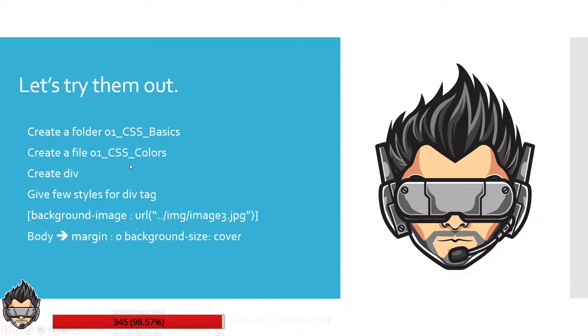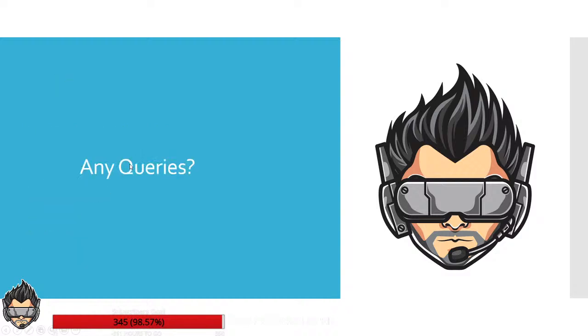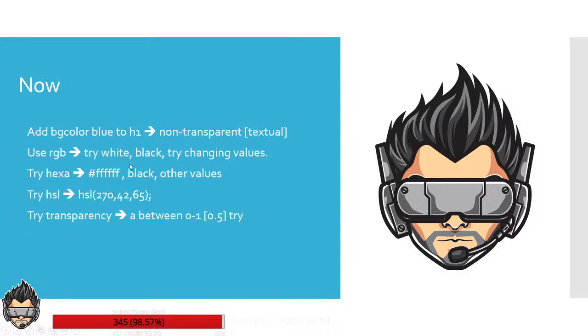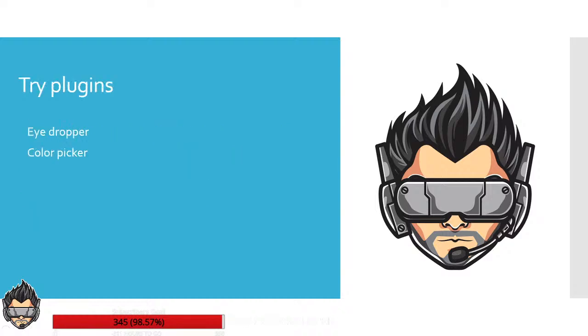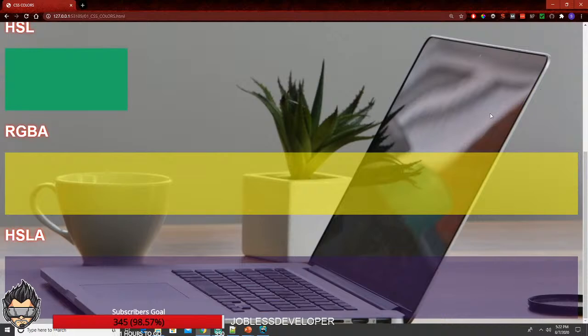So yes, now we know about these basic things. The next thing is called a plugin. So what's a plugin? For example, there are so many colors over here. What if I want this background color? I don't know what color that is. So you have a lot of plugins.